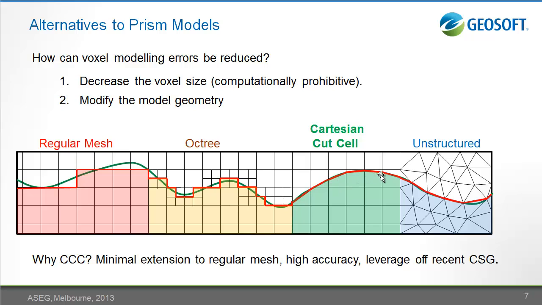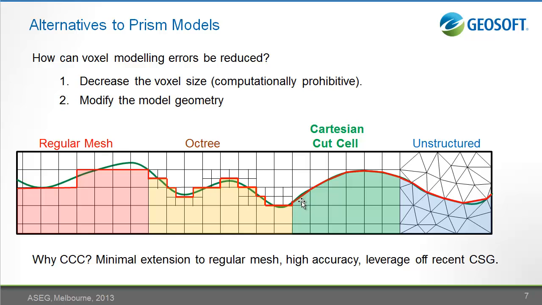And you'd ask, why do we like this method? Well, one reason is that it's a minimal extension to a regular mesh geometry, and we like the regular mesh geometry because we have a large number of libraries and tools for dealing with regular meshes. So the fact that we leave the majority of the mesh regular and are able to represent the surface by modifying a small number of cut cells is computationally efficient and uses existing libraries.